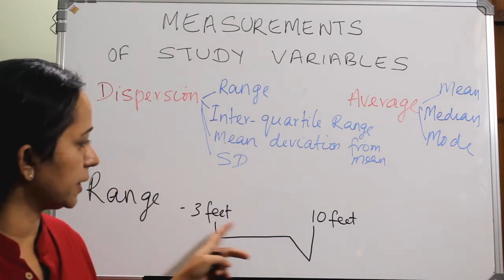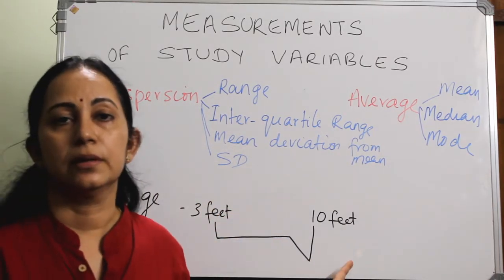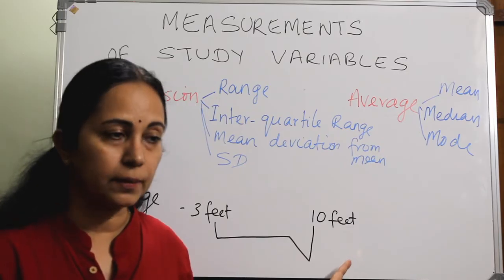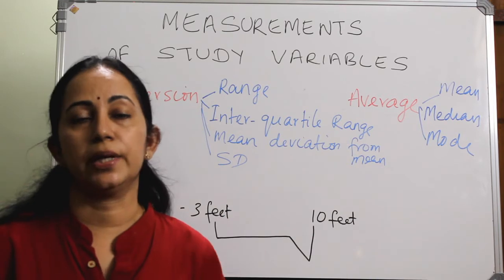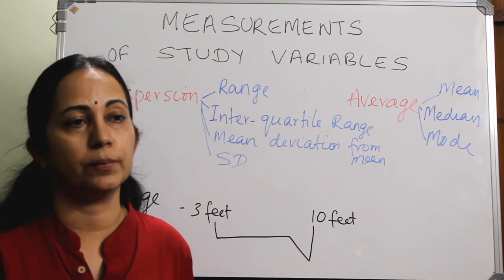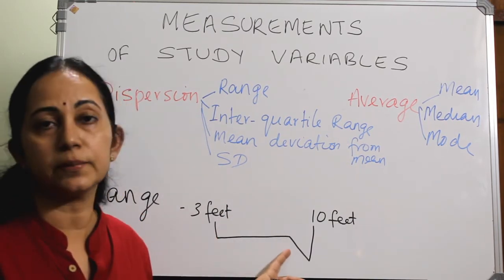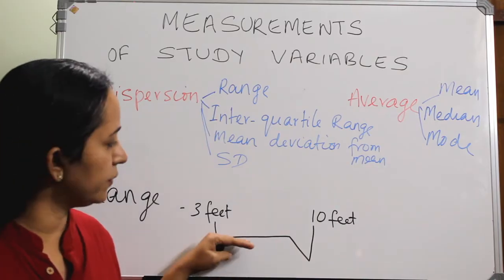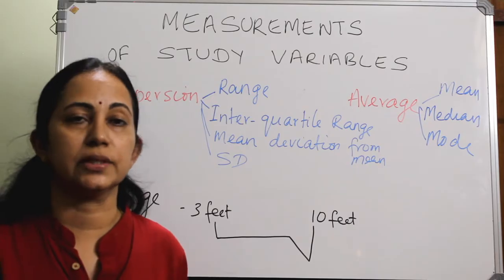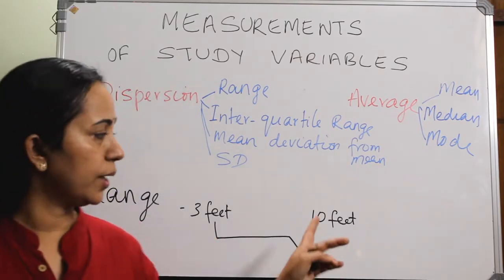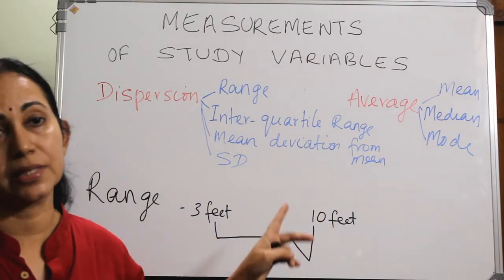But if it is from 3 feet to 10 feet, the person will think that I can also go there, I can also use that swimming pool. But most of the time it is for children, 3 feet, and only at some one extreme it is going to 10 feet. There is no sloping. So again this is influenced by extremes of value.